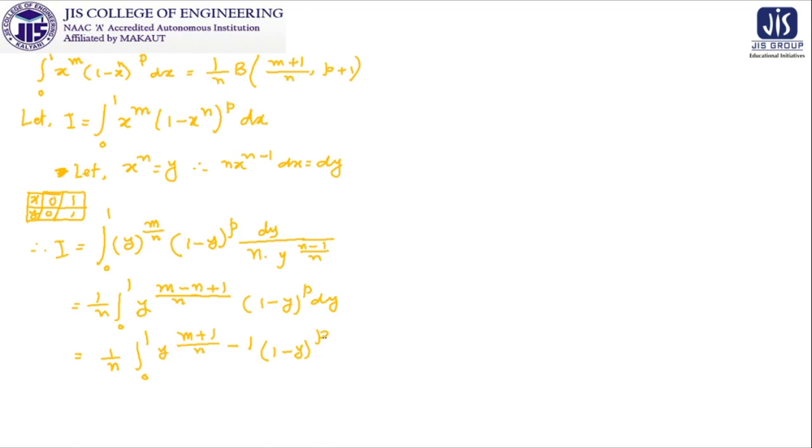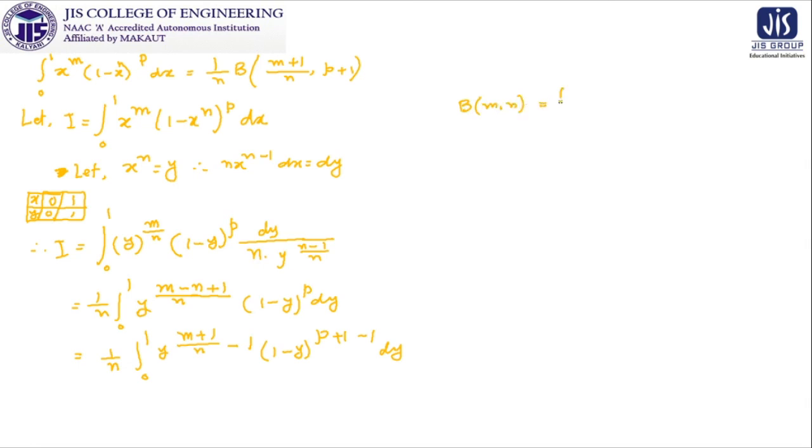Now this p can be written as p plus 1 minus 1, then dy. Now I think it is very clear to you why I am writing this expression, the power of y and power of 1 minus y, in the form of something minus 1 and something minus 1, because you know the definition of beta mn.